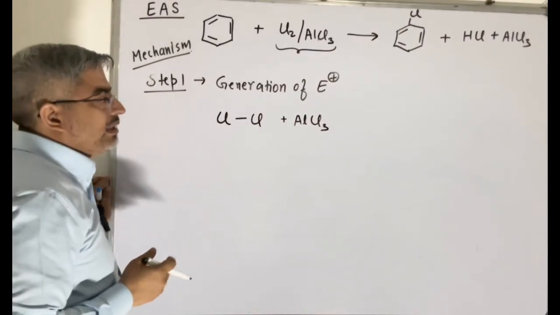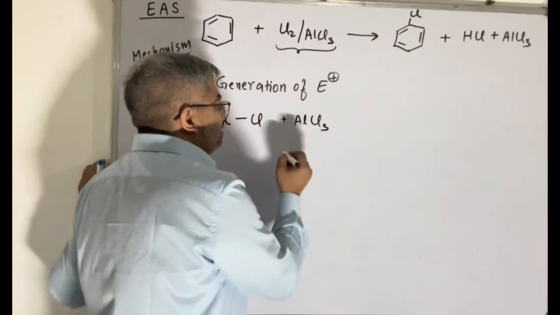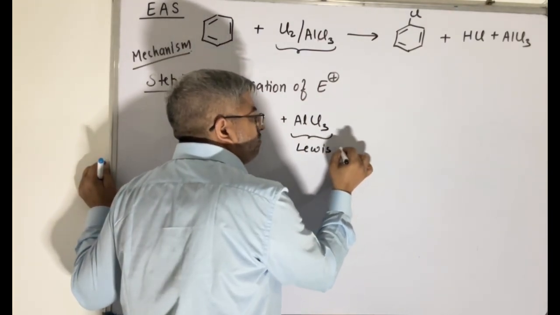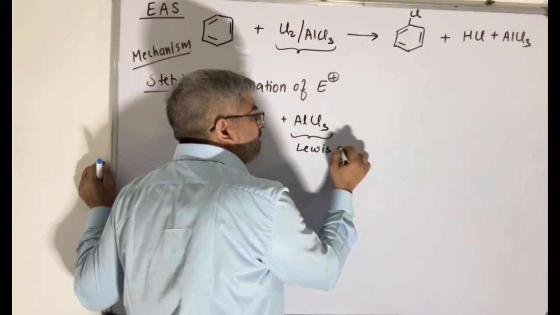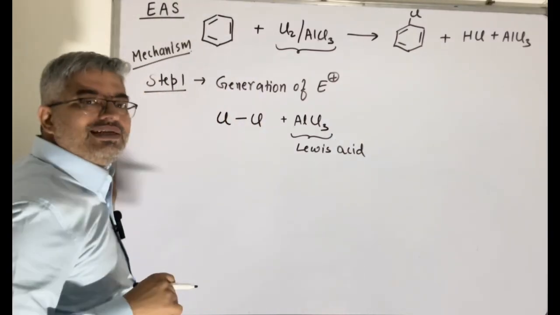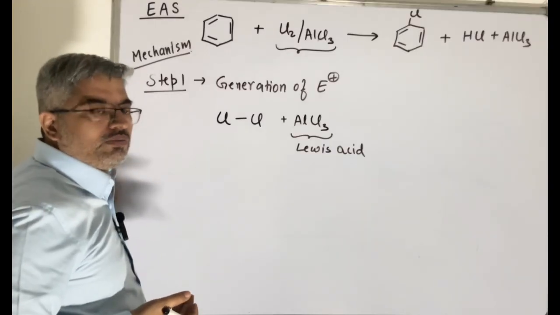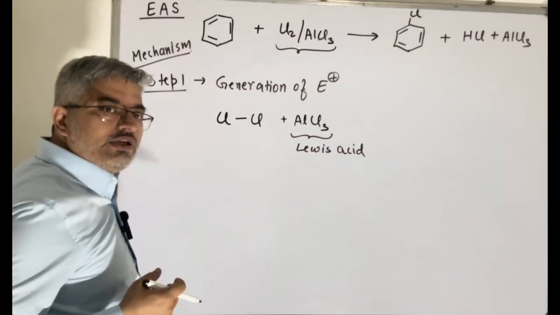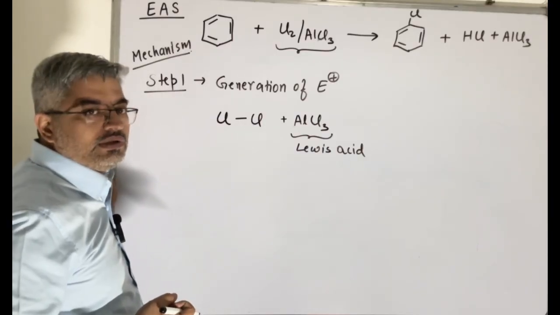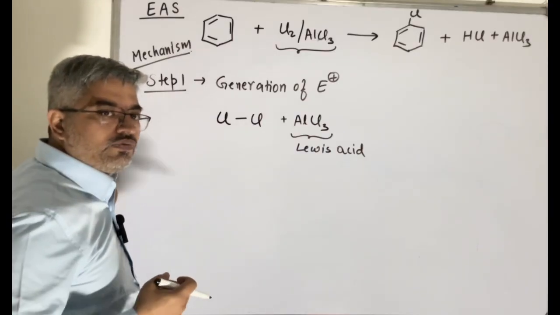Here AlCl3 is basically our Lewis acid. It has an incomplete octet. AlCl3 has 6 electrons in its outermost shell, so it wants to fetch electrons. It is in search of electrons.